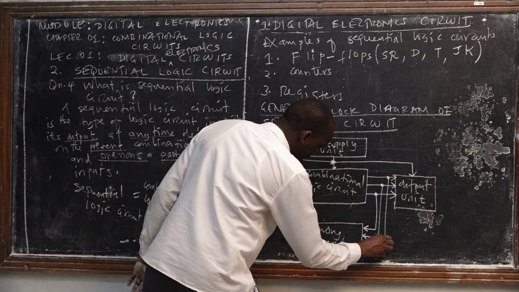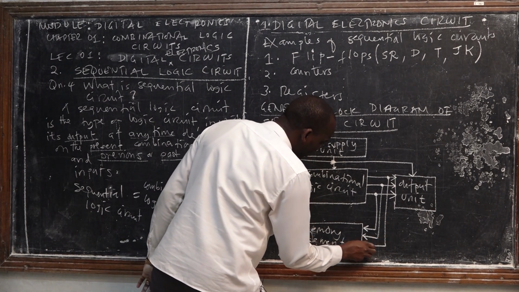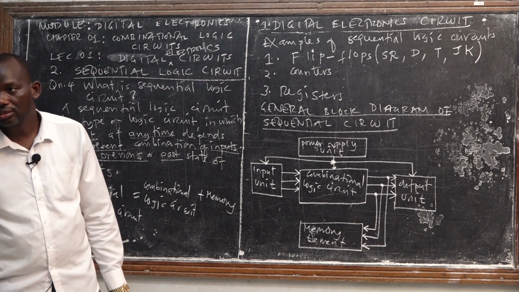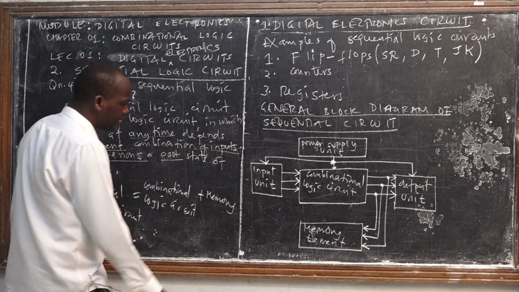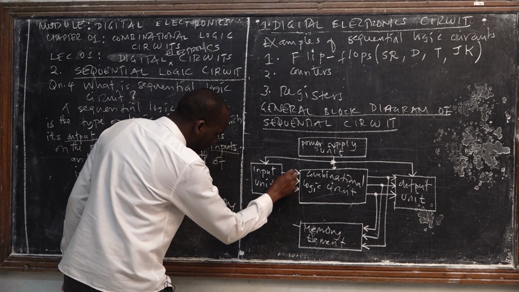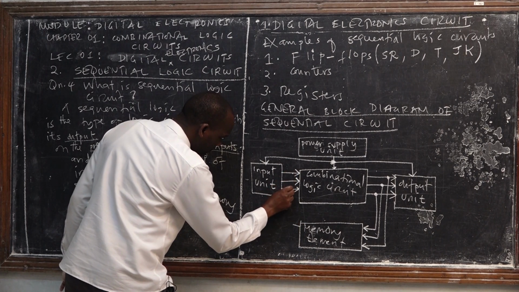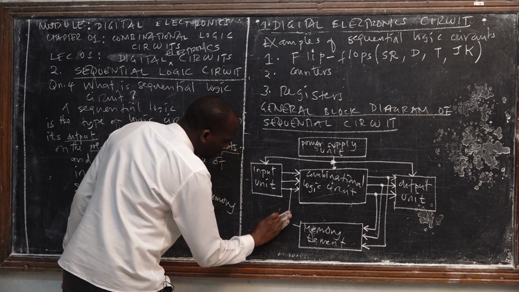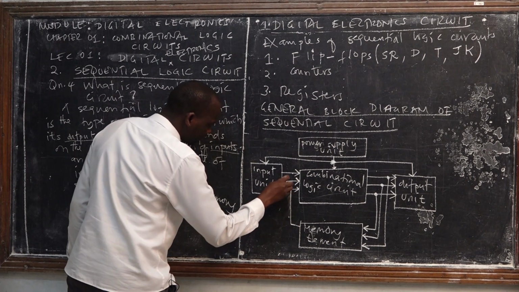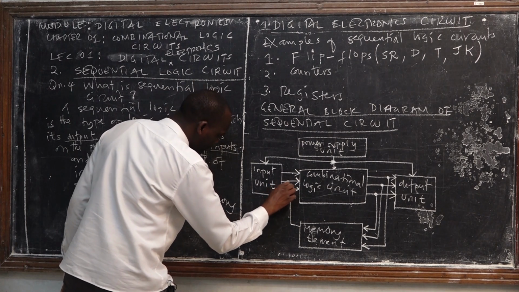Because we are mechanical guys, we know that in engineering we have some system with feedback and some system without feedback. Then this feedback or the information from the memory element will also be combined with the input. So this is previous state.